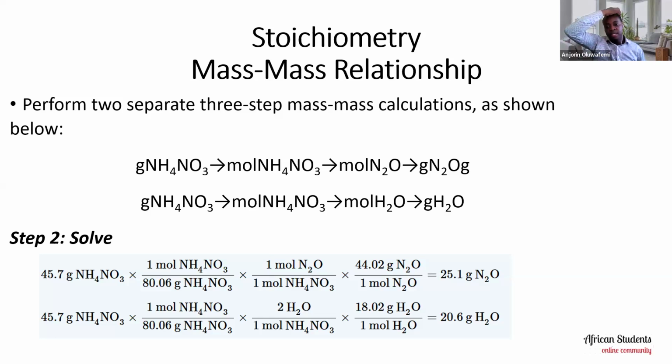What you end up with there will be 20.6 grams of water. So we have found the mass of N2O to be 25.1 grams and that of water to be 20.6 grams.